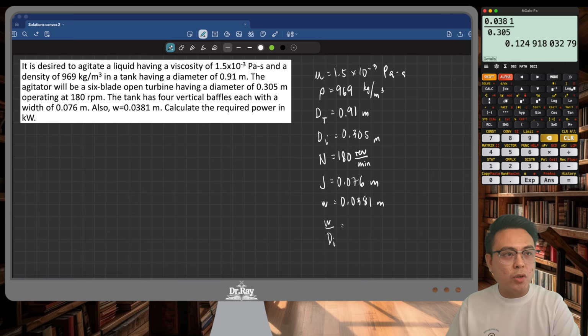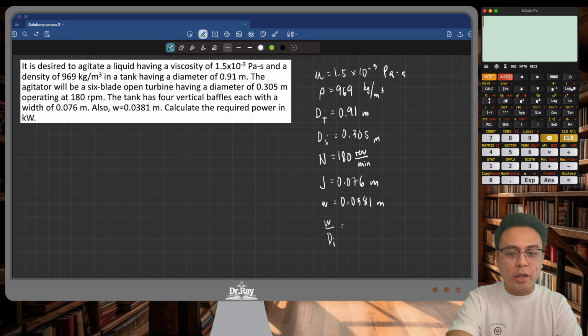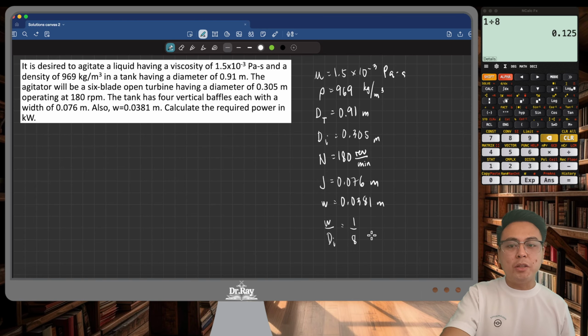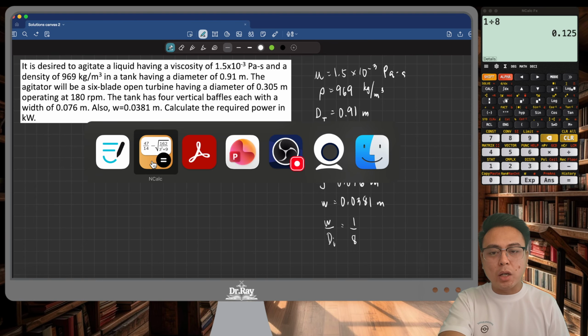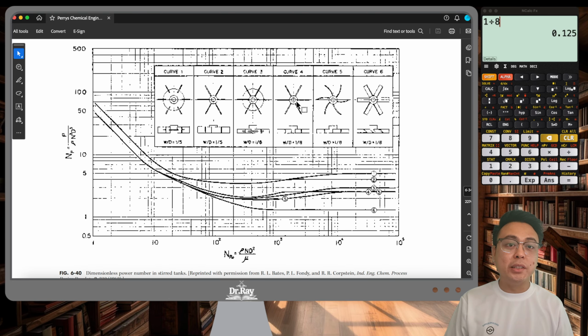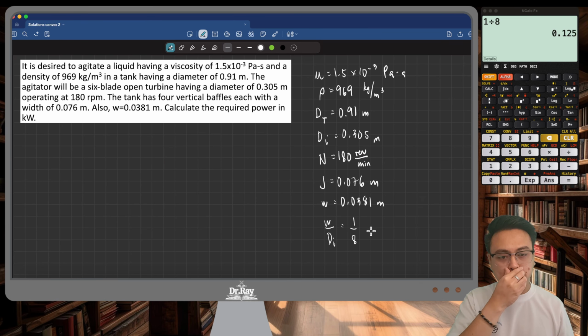So in terms of ratio, yeah, 1/8 is 0.125. So it means that we have an open turbine. An open turbine is the one without the disc. And then this is an impeller blade to impeller diameter ratio of 1/8. Therefore, we're just going to use curve 4 in our design.